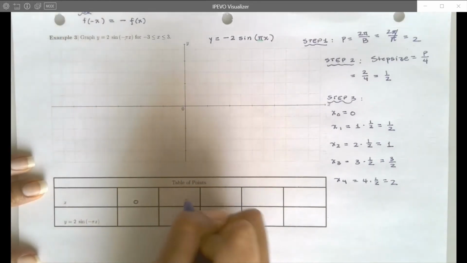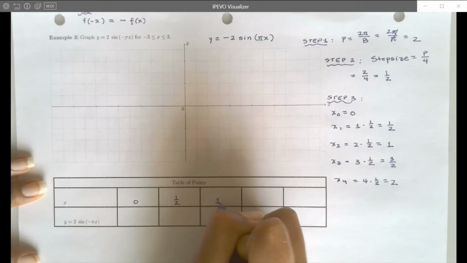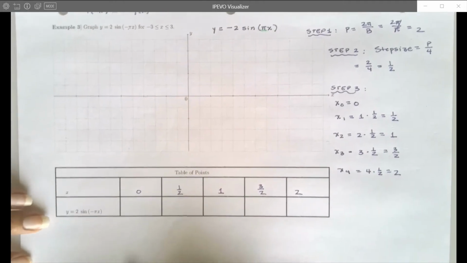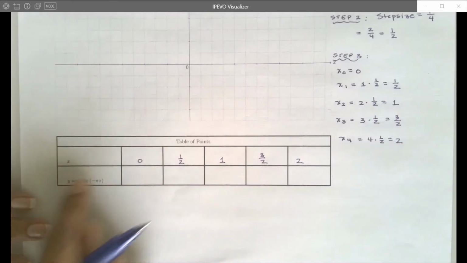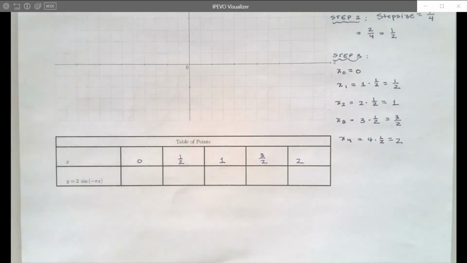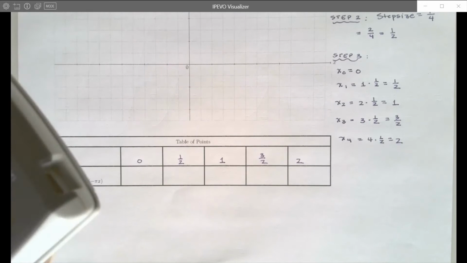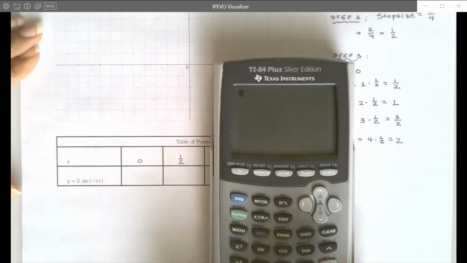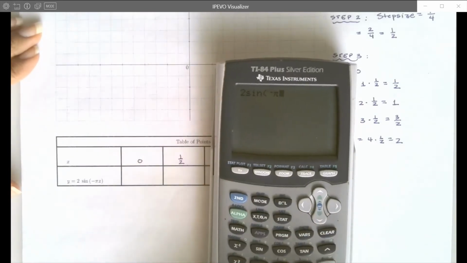Alright, so now we're going to transfer those over. We're going to have 0, 1/2, 1, 3/2, and 2. And we're going to plug those into our equation to see what corresponding y values we get. Okay, so the first one is 2 times sine of negative pi times 0.